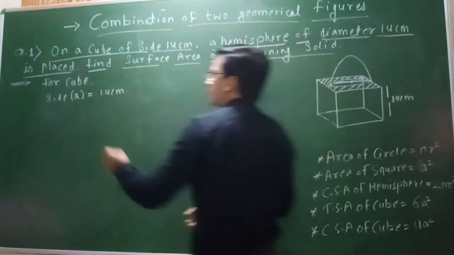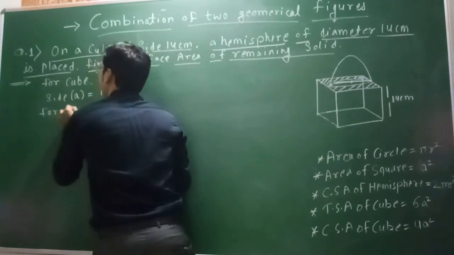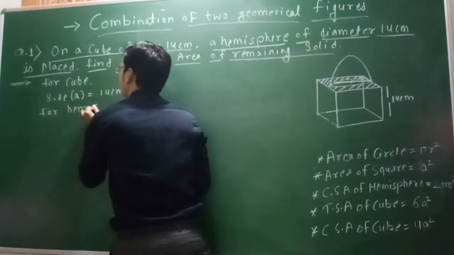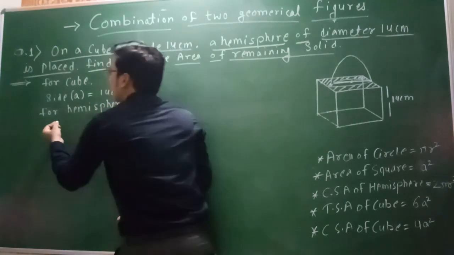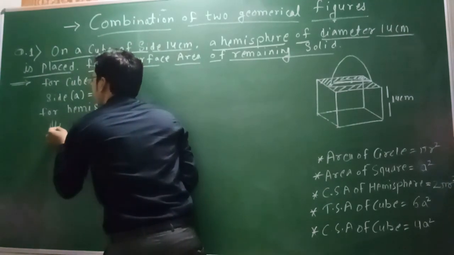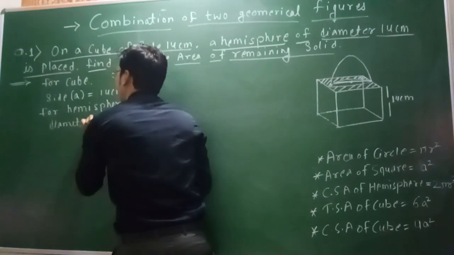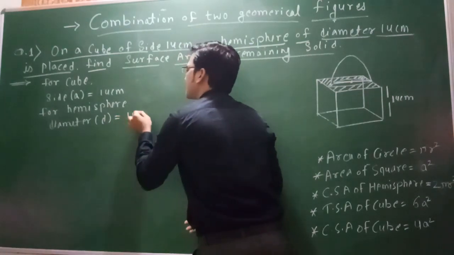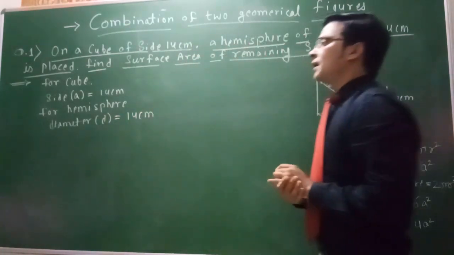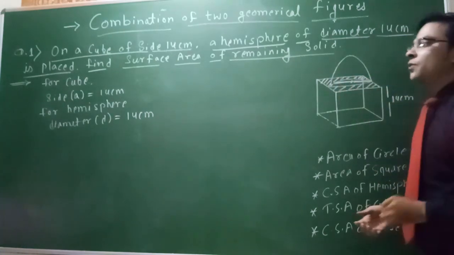So we will write for hemisphere, its diameter, which is denoted as small d, is equal to 14 centimeter. If its diameter is given, then we can find its radius also.